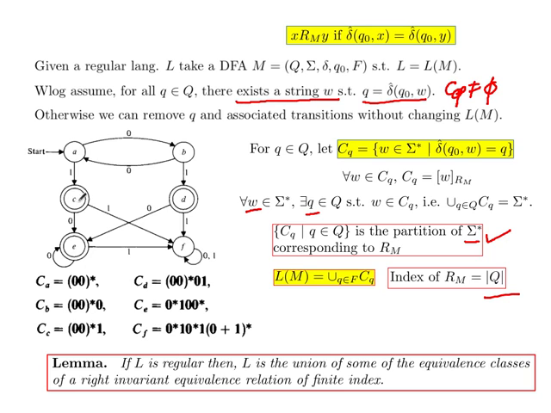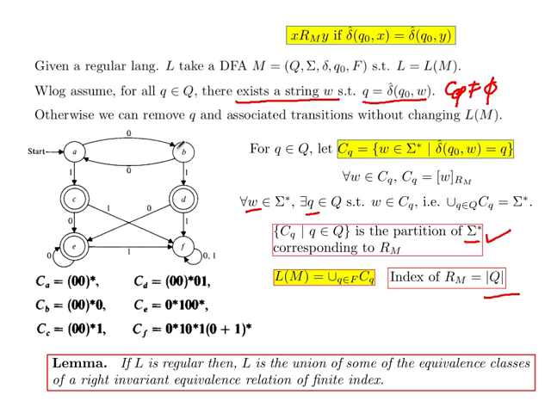So for this C, you can process some even number of zeros, then take a 1. So this C will be 00*1. This B is what? B is an odd number of zeros.